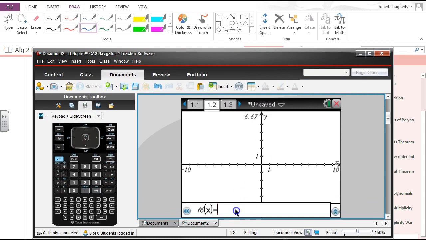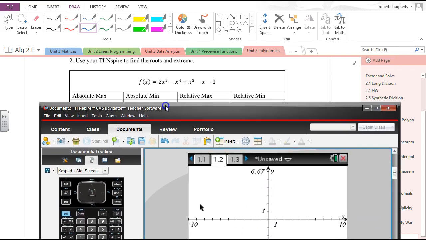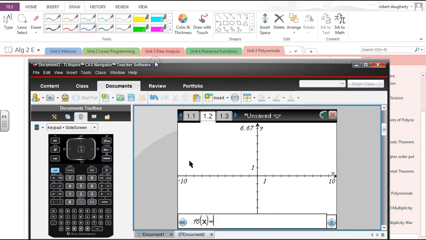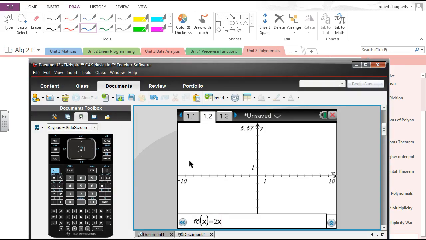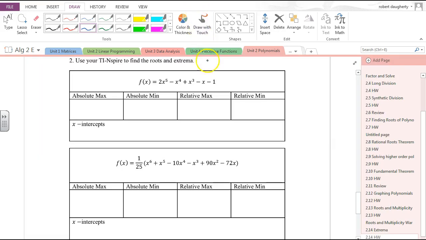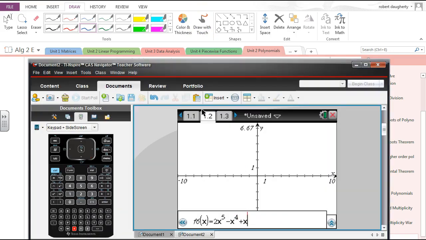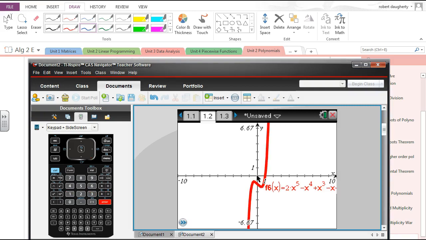Okay, guys, let's do this problem in your homework right here, this 2x to the 5th. So let's enter that in. Problem number 2 says use your TI Inspire. 2x to the 5th minus x to the 4th plus x cubed minus x minus 1.